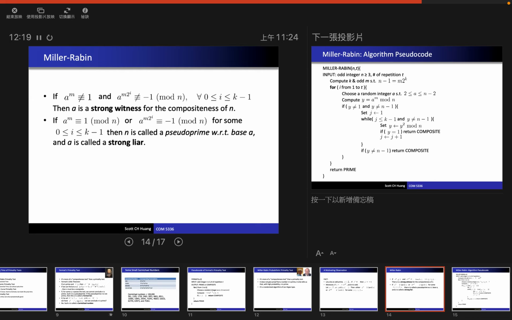If we look at this condition, it means this one is something else, and then this one is 1, and in the middle there is no minus 1. What does that mean? It means there must be some point where you have something else jump directly to 1.